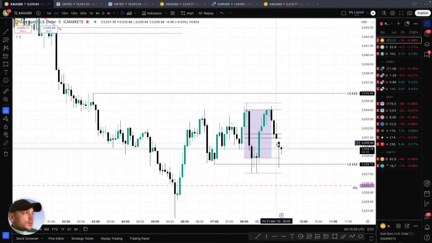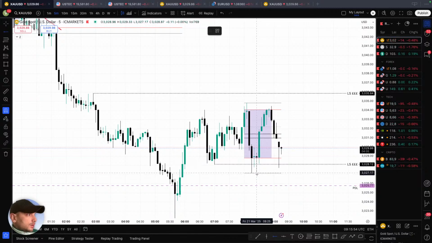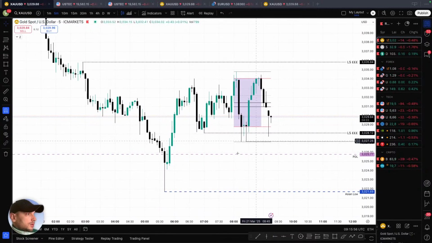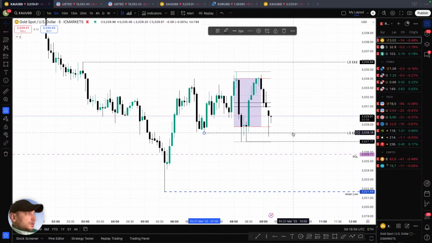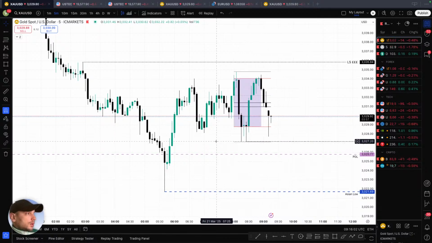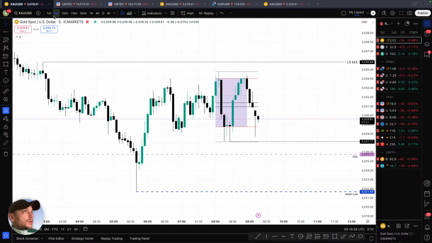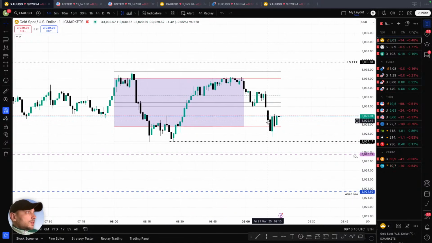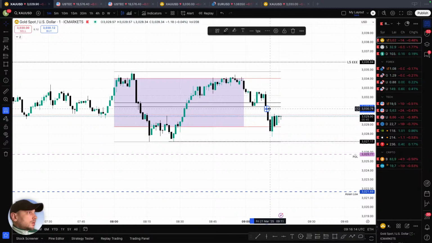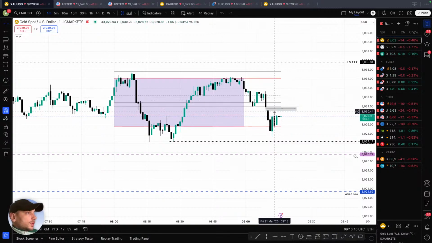This rejection candle. There's good liquidity here, so we might go down here. We took out this liquidity, we can take it out. In 1 minute, oh, imbalance gap. The price will definitely want to fill this one before continuing.